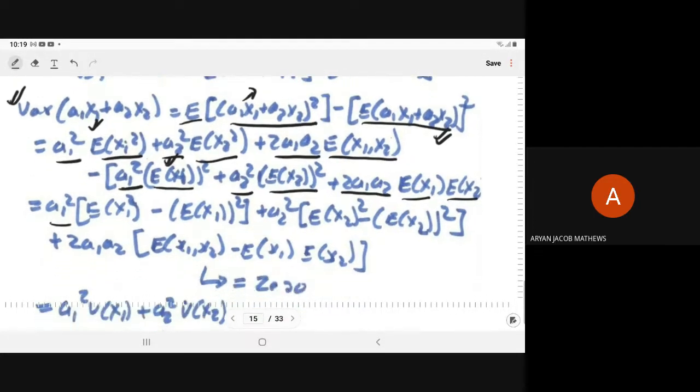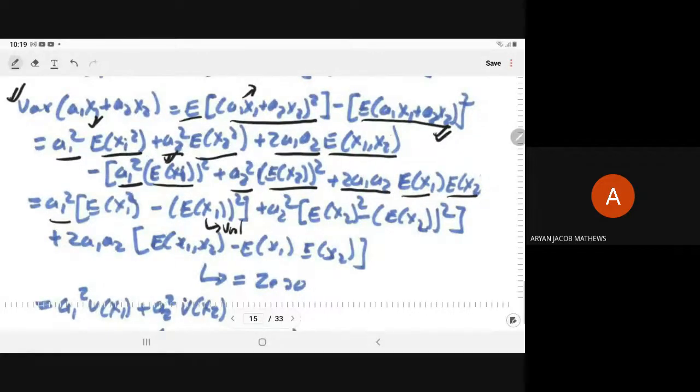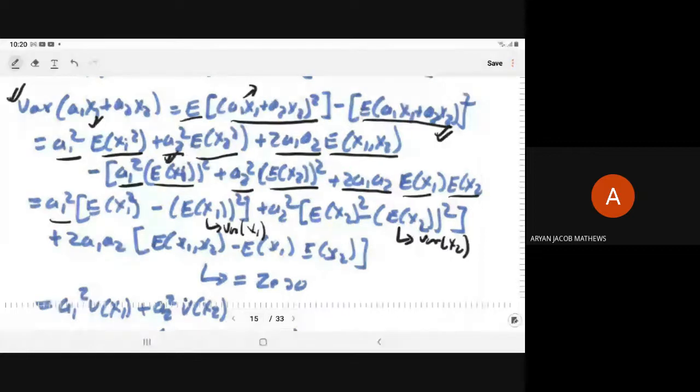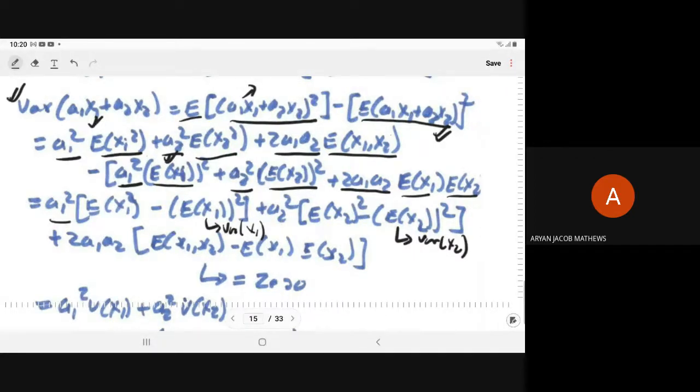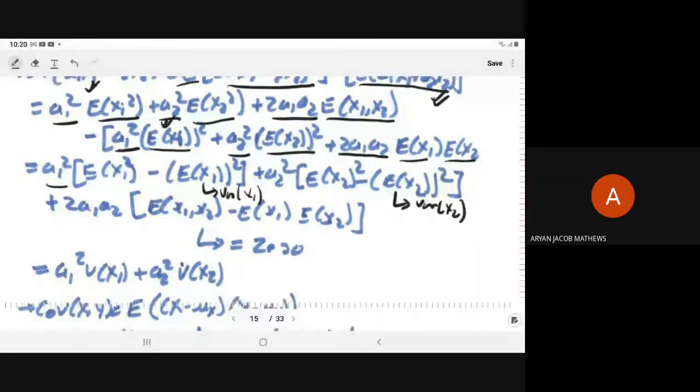We know what this is: this is the variance of x1, and this is the variance of x2. And in here we have 2 a1 a2 common; in the bracket we have E of x1 x2 minus E of x1 into E of x2. So this is nothing.